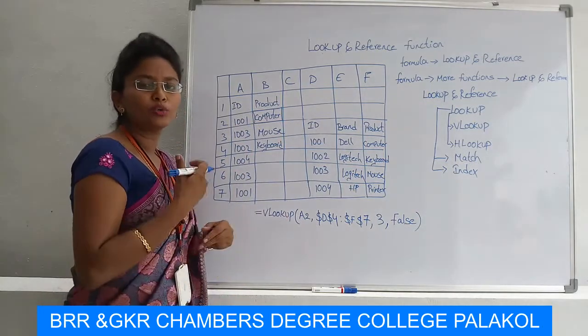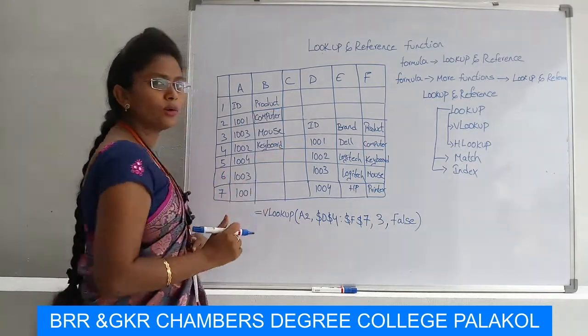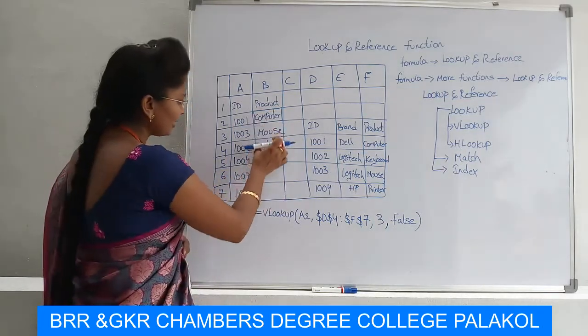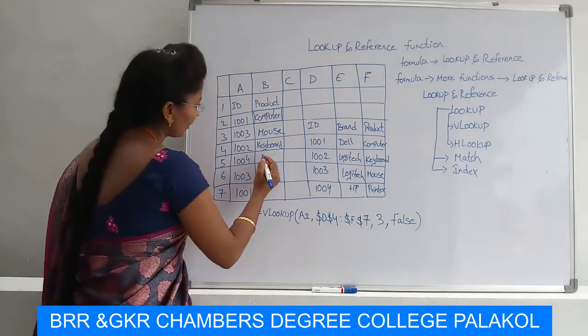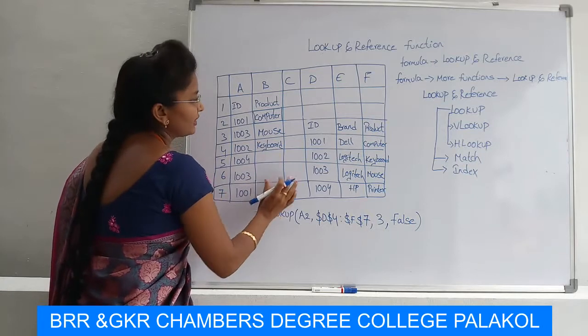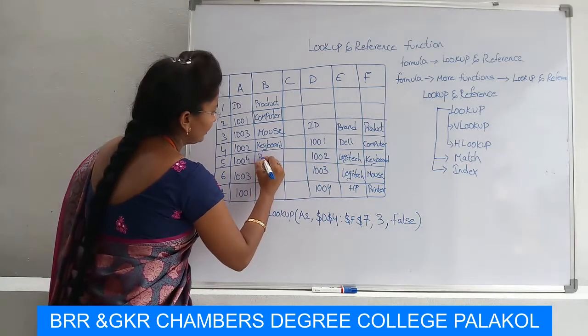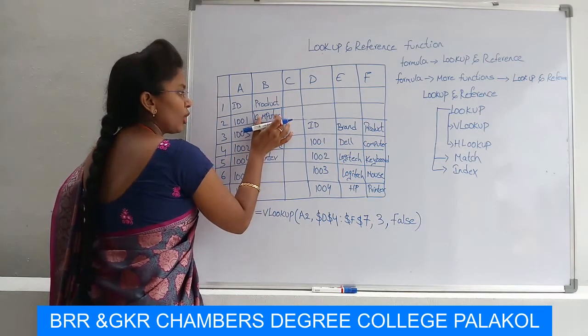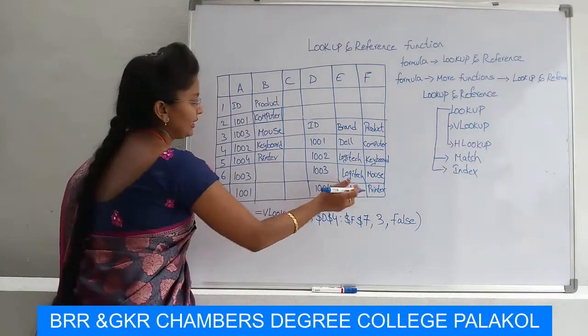When you drag downward, it will be placed automatically. Here this is a board, that's why I am entering here. And the next one is printer. That means the formula is copied and pasted in the remaining cells and it will display the answer.